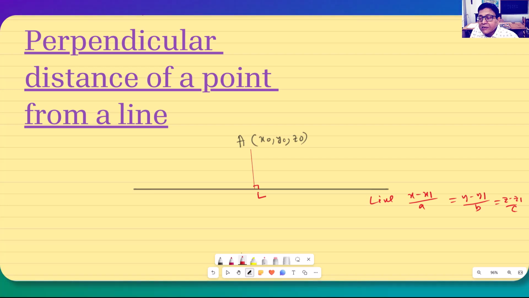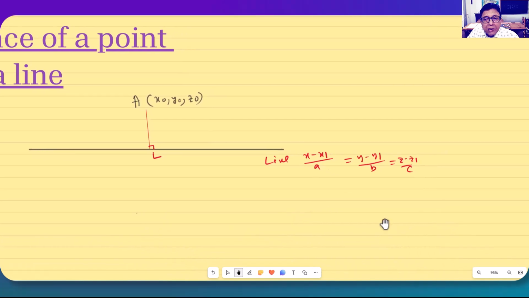We need to find the point on the line which ensures that AL is perpendicular to the line. So we start this way: we take an arbitrary point on the line. Let this ratio be equal to lambda. Assume that.